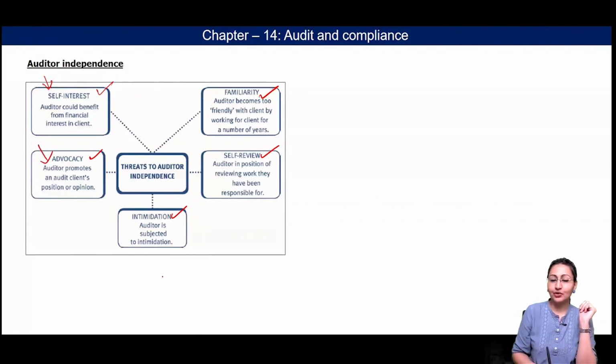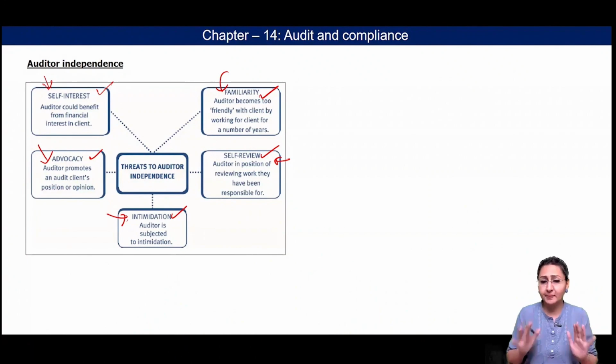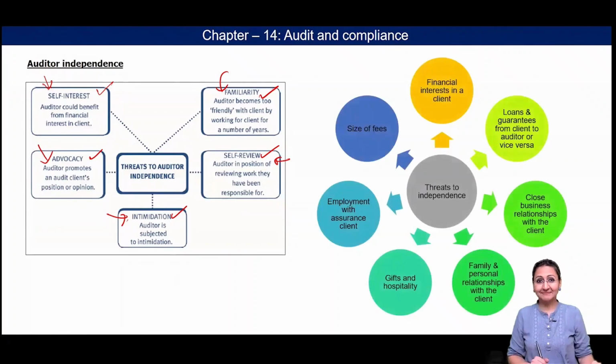Advocacy, you are promoting the client's business in front of others. Intimidation, you are being threatened. Self-review. You are checking your own work. Familiarity. You are too familiar with the client. All these create a threat to your independence as an auditor. You may not work ethically.